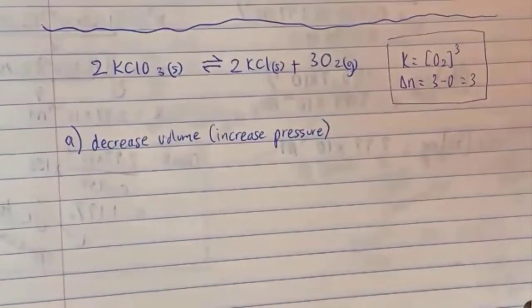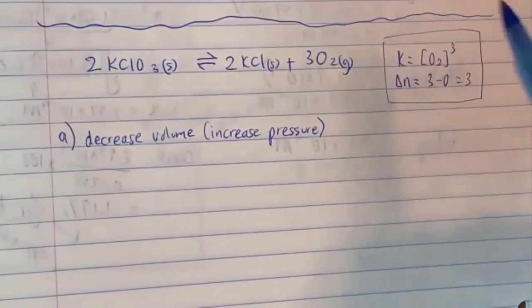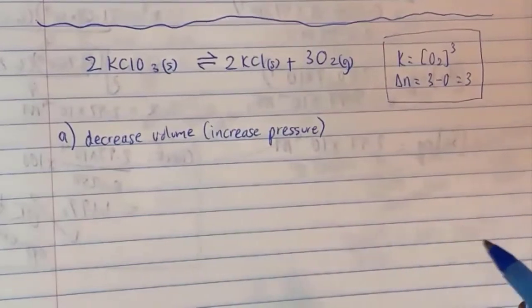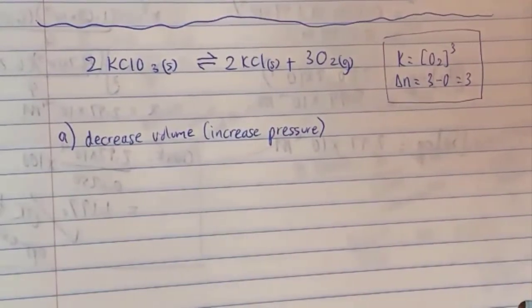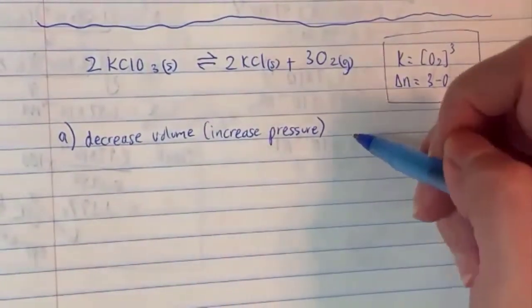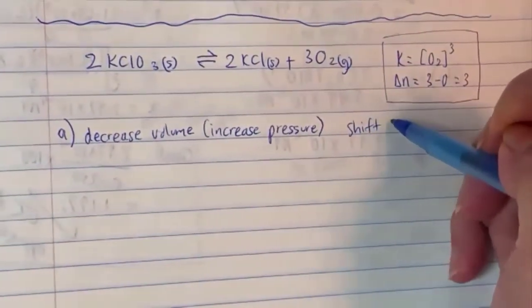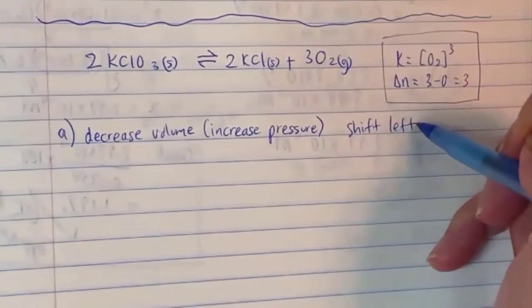Which way will it shift if I decrease the volume? When you do volume changes, you look at the side with more or less moles of gas. Less volume, shift to the side with less moles of gas. So this is 3 moles and this is 0. So if you decrease the volume, it would shift to the side with less gas, which in this case is going to be to the left. Okay?